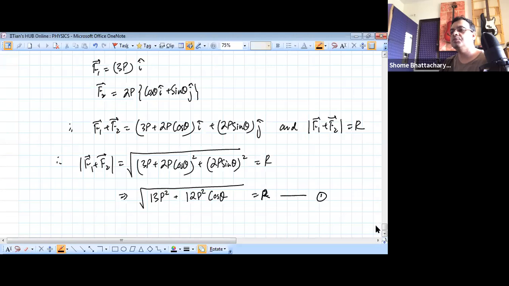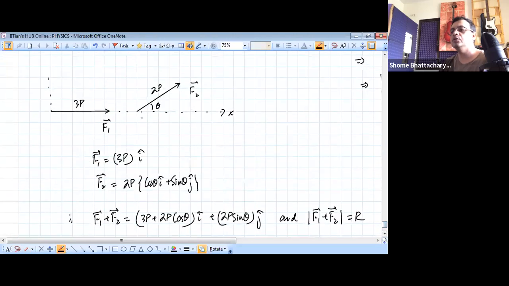So all we have done in this part is we have written this vector f2 in component form. It's making an angle theta with x-axis. Its x component is the magnitude, which is 2p, into cos theta, and its y component is the magnitude, which is 2p into sin theta. So the angle with respect to the x-axis is theta, whereas f1 is directly lying along the x-axis, so theta is 0 for it.